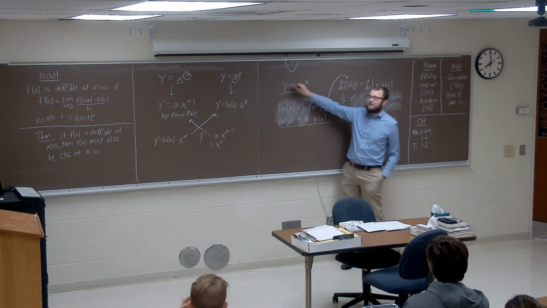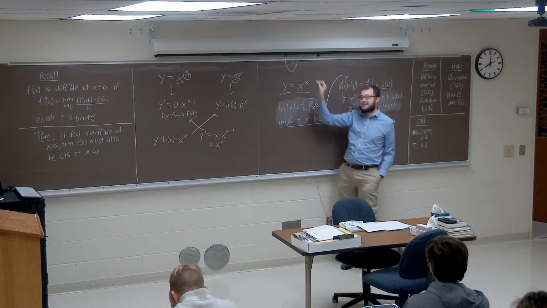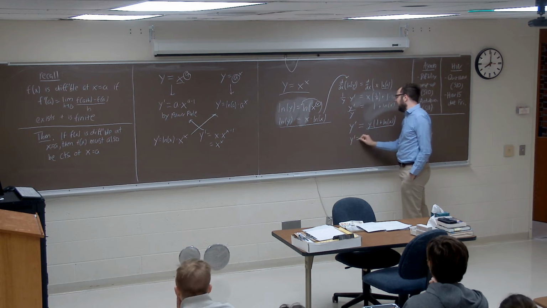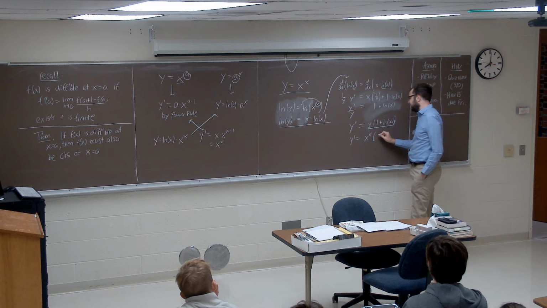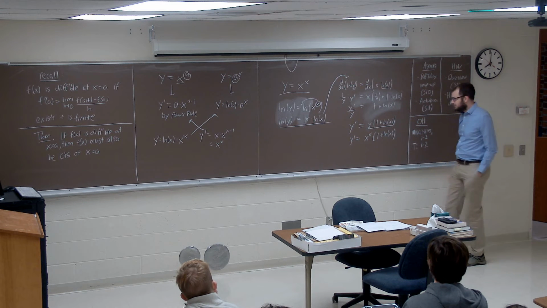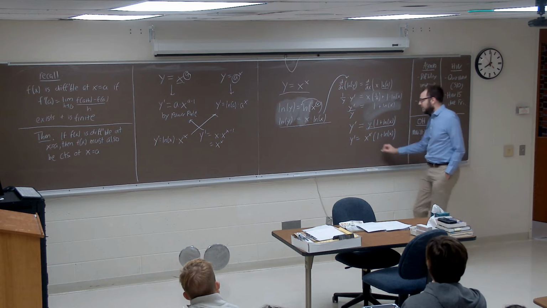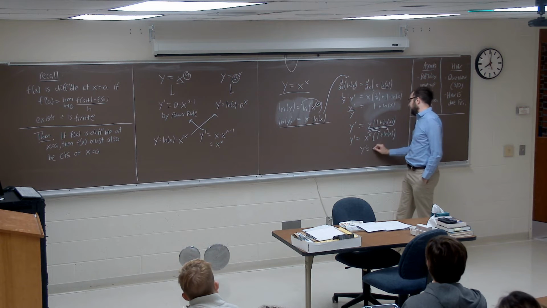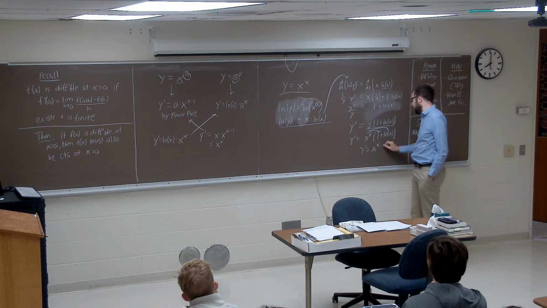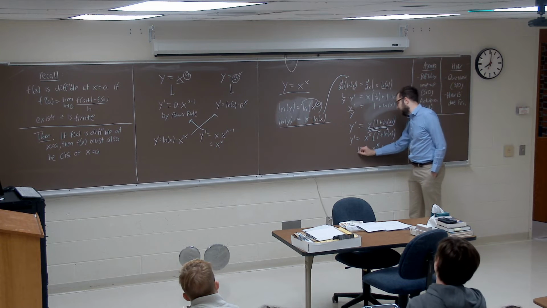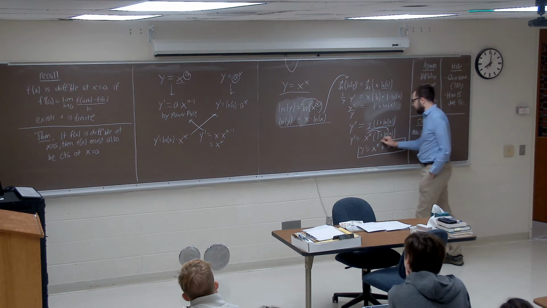We could use the fact that y is equal to x to the x to plug that in for y here, and say that y prime is going to be x to the x times 1 plus natural log of x. Or if you prefer, you can distribute out the x to the x term and get y prime equals x to the x plus x to the x times natural log of x.